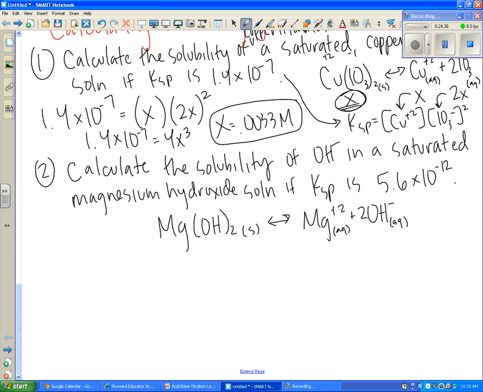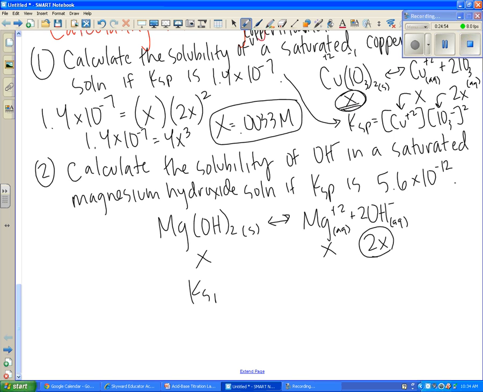If the solubility of the magnesium hydroxide is X, what would the solubility of the magnesium ion be? And what about the hydroxide ion? 2X. So we can use this to figure out what X is, and then ultimately to figure out what the solubility of the hydroxide ion is.